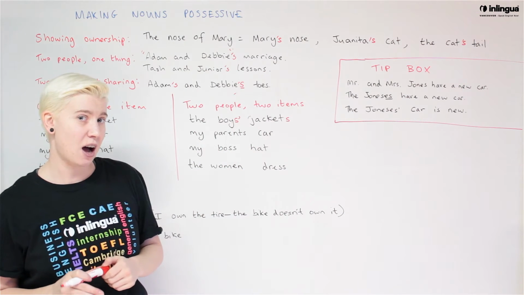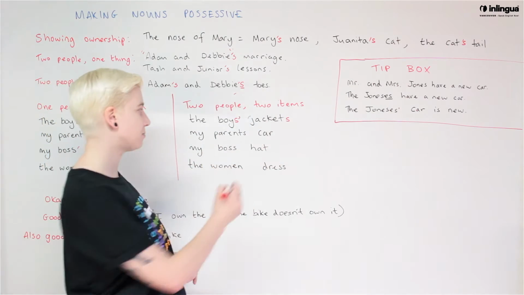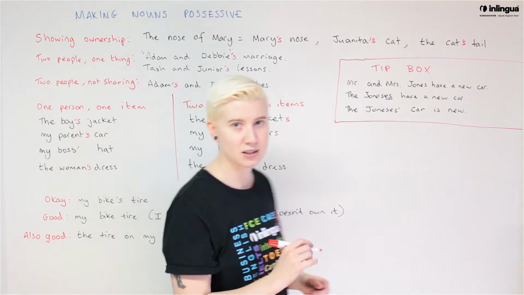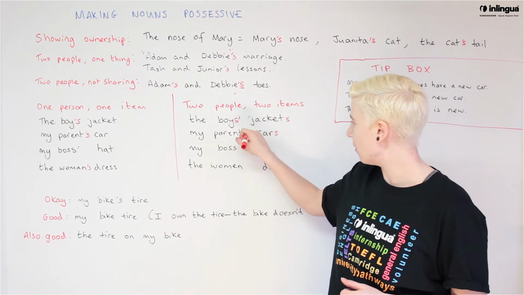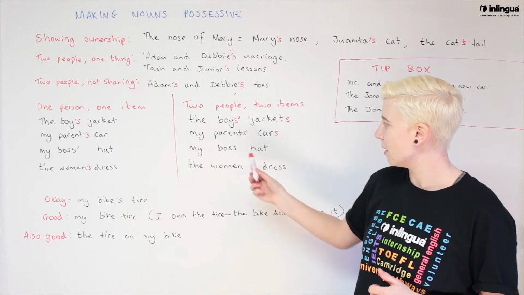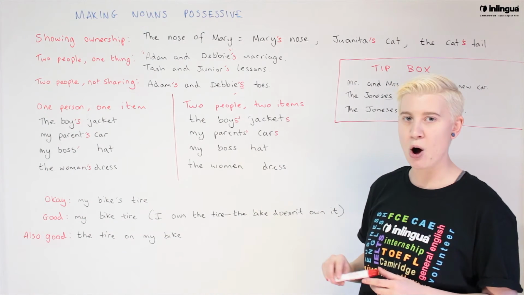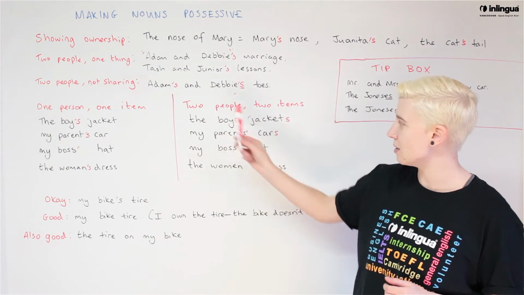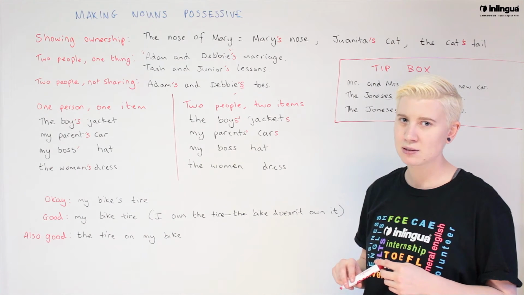My parents' car. We've only got one car, but we want two items. My parents' cars. And where does the apostrophe go? On the outside. This one is a little bit more complicated. We've got this word boss, and we have to make it plural. We want two bosses. Do you know how to do that?